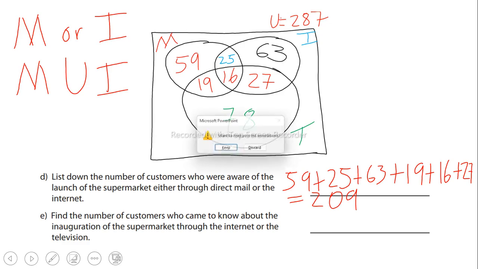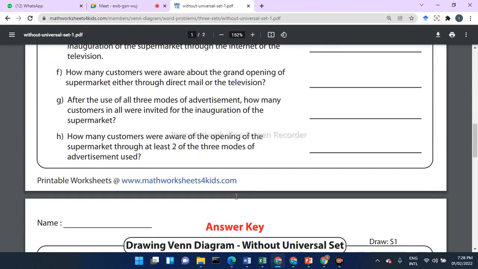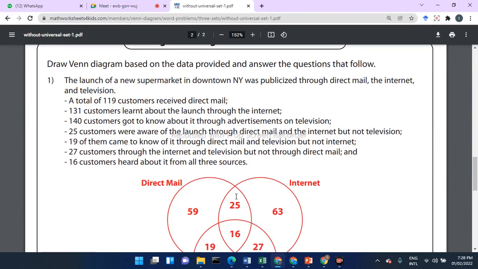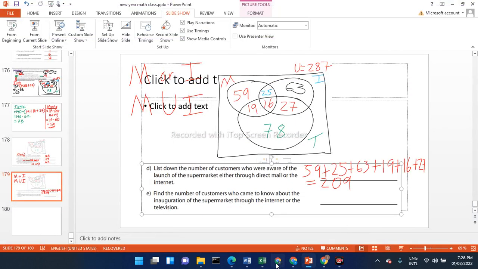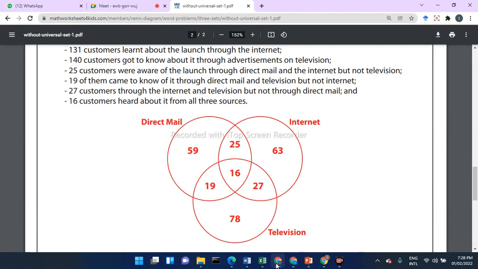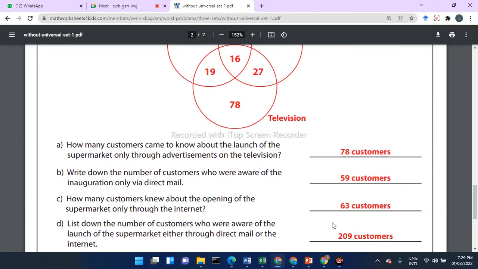Alright, so let's check the solutions manual for this. So did we have everything? 59, 25, 63. Are we good? Yes, sir. So our Venn diagram is right. 78, 59, 63. 209.